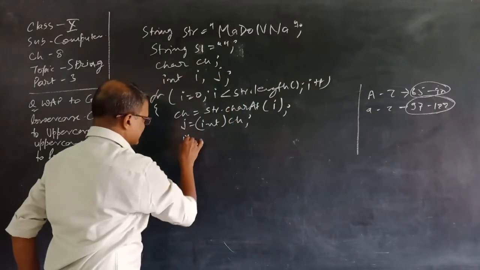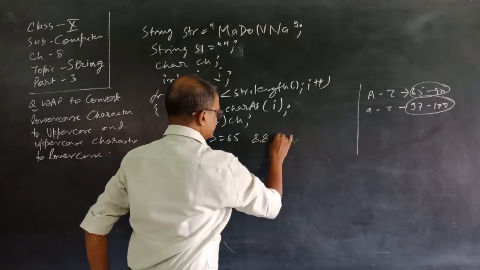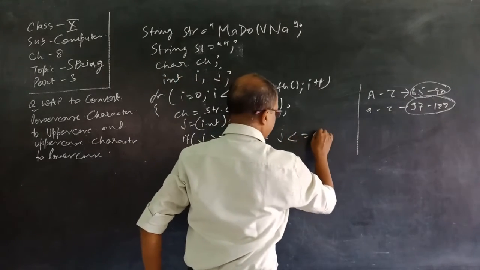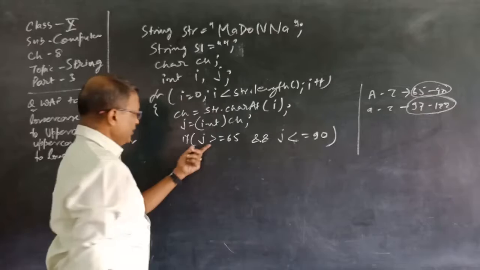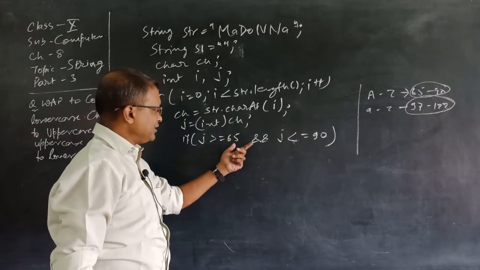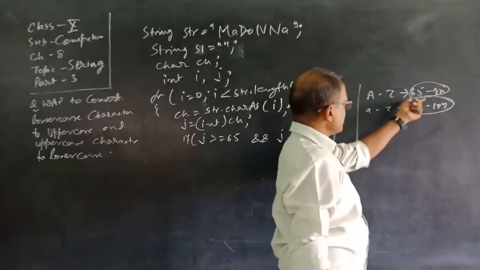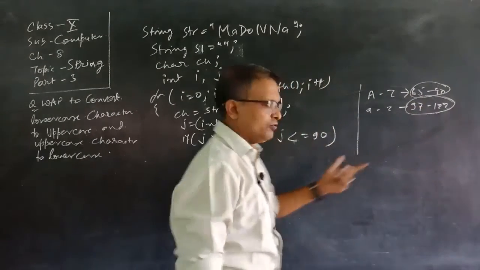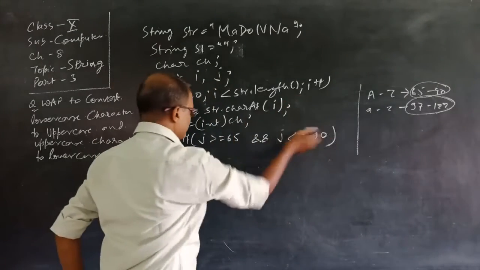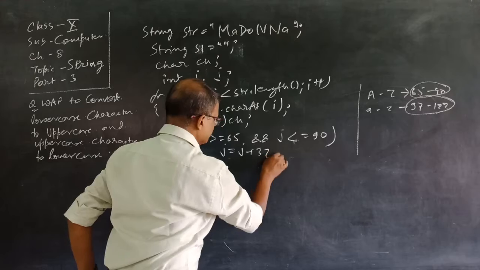So apply the condition: if j greater than or equal to 65 and j less than or equal to 90. If this condition is satisfied, it means the character is in uppercase and you need to convert it into lowercase. I think all of you know that the difference between uppercase and lowercase is 32. So to convert upper into lower, we have to add 32 to j.